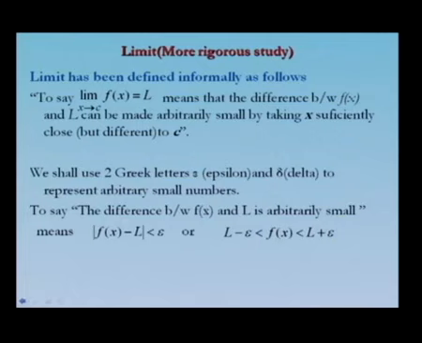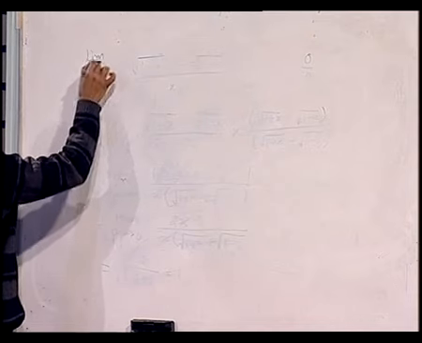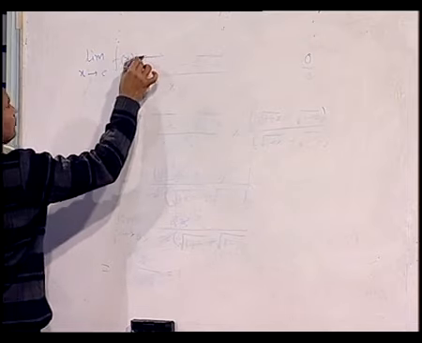Now we will come to the formal definition. Before that, we will use two Greek letters, epsilon and delta, to represent arbitrarily small numbers. So we have defined that limit x tends to c, f(x) equals L.